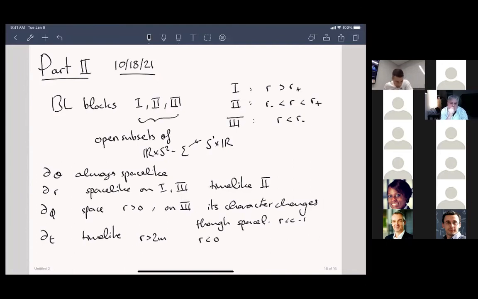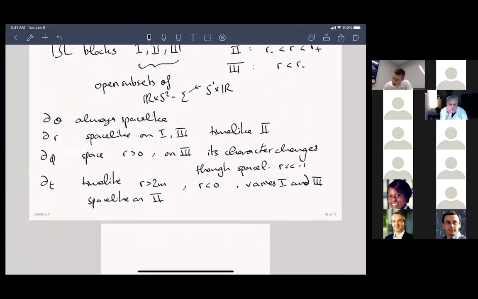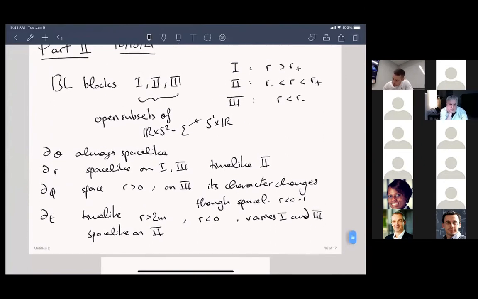So it's also time-like for r is less than 0, but it's space-like on region 2. And it varies in regions 1 and 3. Okay, so that's the root of all the strange and wonderful properties of Kerr to some extent.